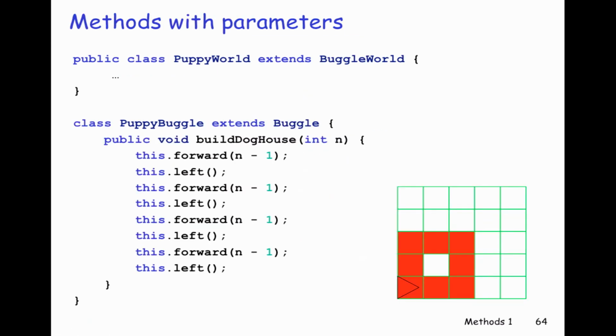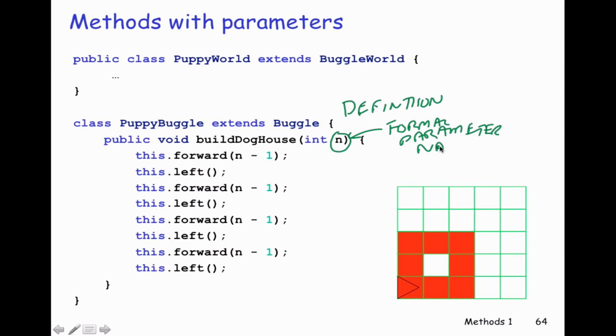It turns out that here we're looking at now the definition side of the equation. So here we're looking at a method definition. And what we can have here is something called a formal parameter name. So a formal parameter name is a name for a hole that we are going to have in our method body. So this is called a formal parameter name.